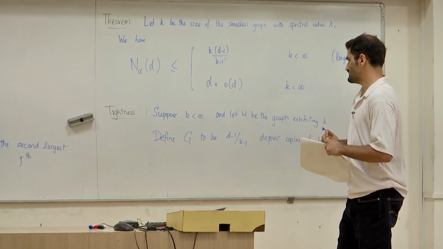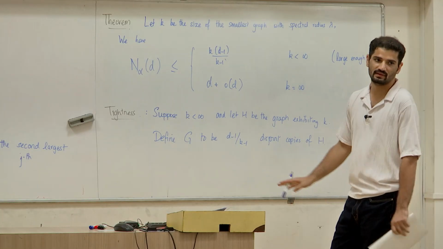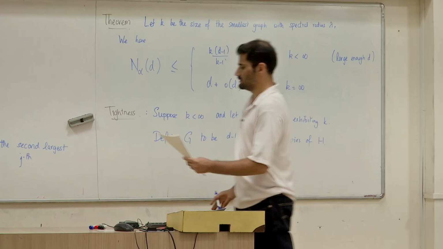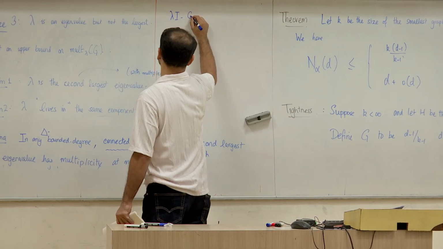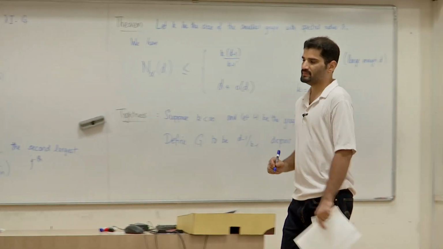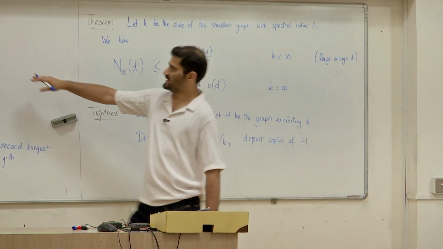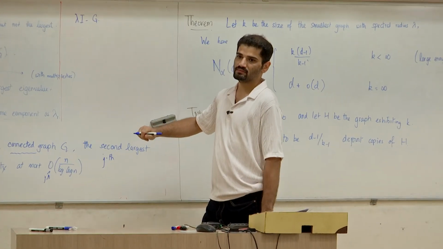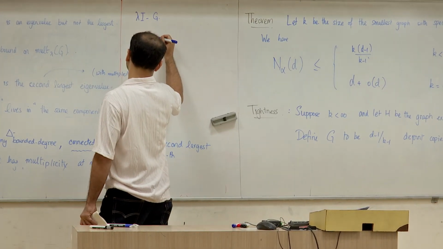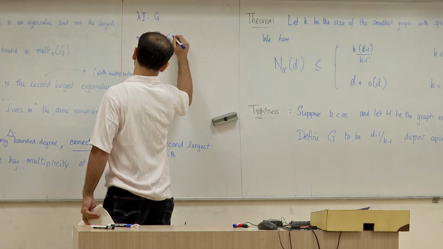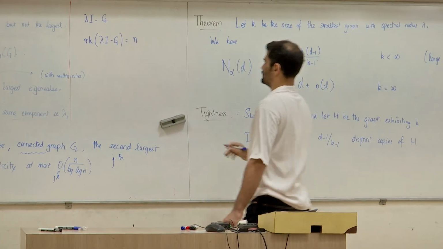So consider this graph H, the smallest graph with spectral radius lambda, and I consider this many copies of H. Then let us see what lambda I minus G is. Lambda is the largest eigenvalue by construction, so this is a PSD matrix. It has rank equal to n minus the multiplicity, which is (d minus 1) over (k minus 1).